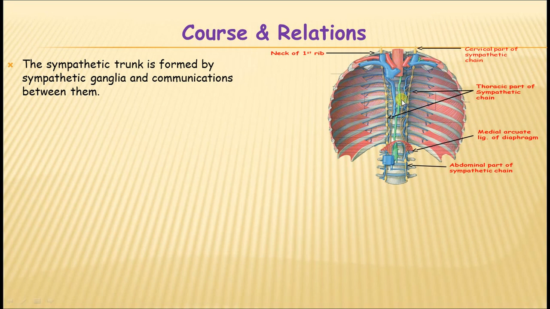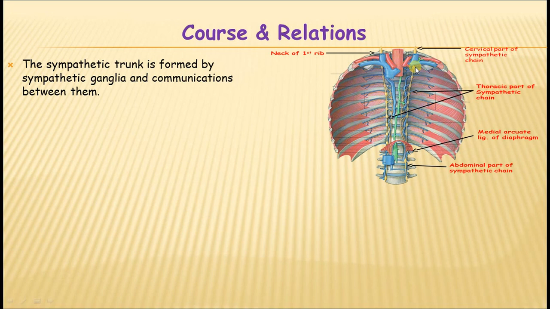Usually 12 for the corresponding spinal nerves, you should have 12 ganglia, but 11. Why? Because the first one fuses with the inferior cervical sympathetic ganglia to form the stellate ganglia. In that case, you will have 11. Sometimes, rarely, even the second thoracic ganglia will fuse. In that case, you will have only 10 sympathetic ganglia.